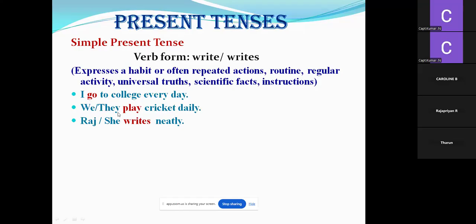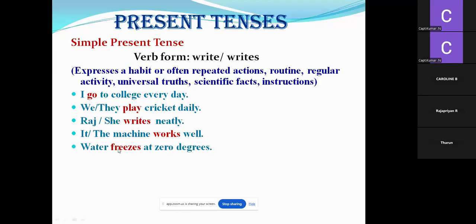Here, they is plural, so we are using the original verb, play. She writes neatly. Here, she or Raj is third person singular. Hence, we are using writes, the special form. Next, the machine works well. Here, the machine is third person singular, so we are using works.